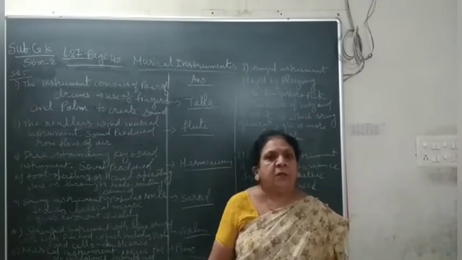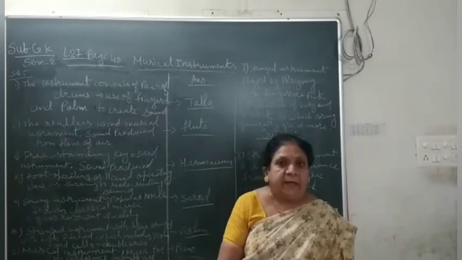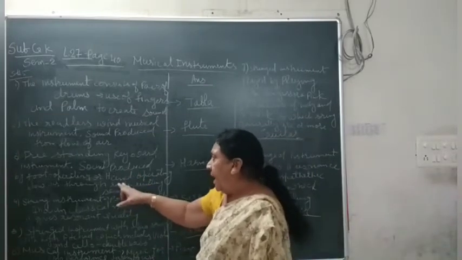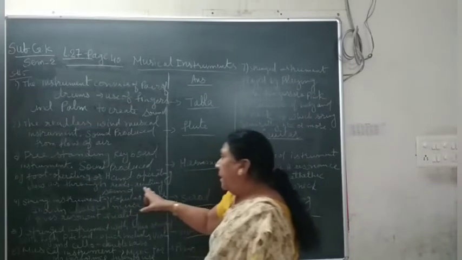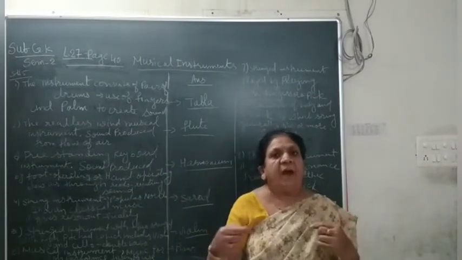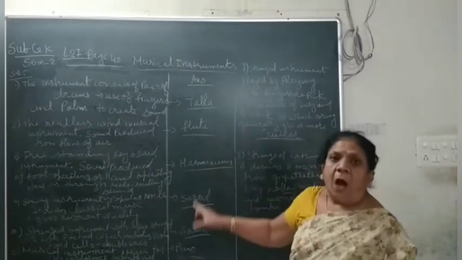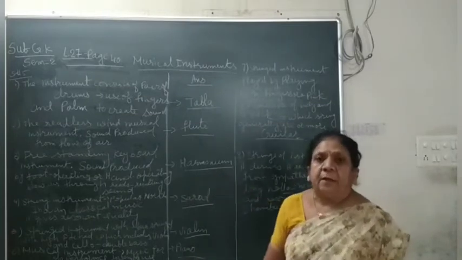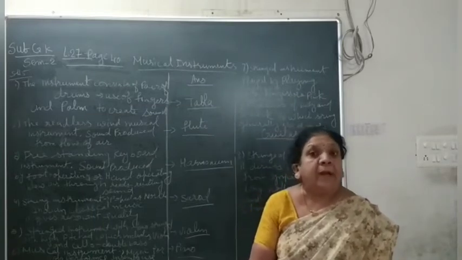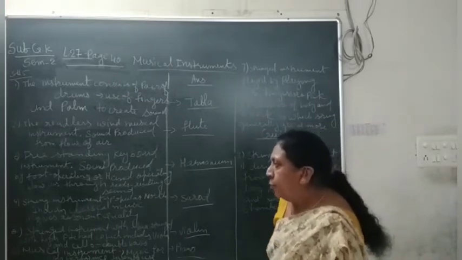One is foot operated, we can also use the foot, and the other is hand operated. The harmonium you have in the school is hand operated, and through the reed the sound results. Reed means there are wires, and with that the sound is produced, and that is called harmonium. You have seen how the music sir uses this instrument during your prayer time, and even in functions, these instruments are used.